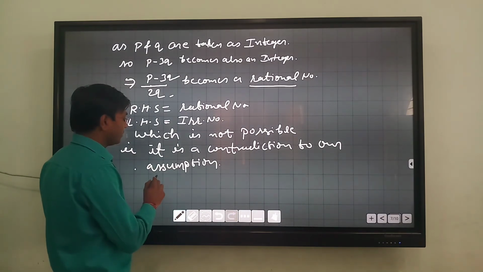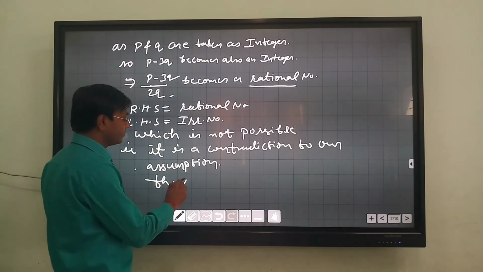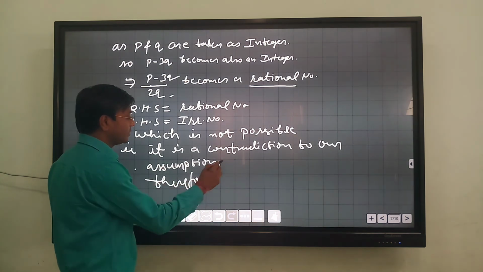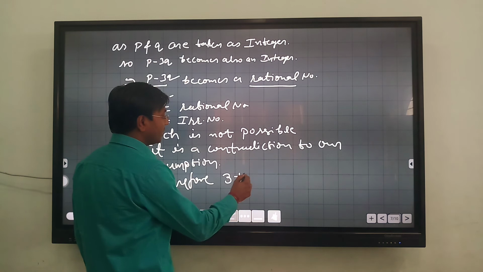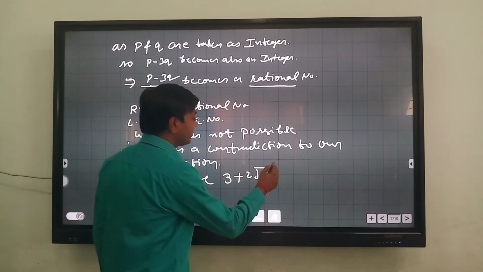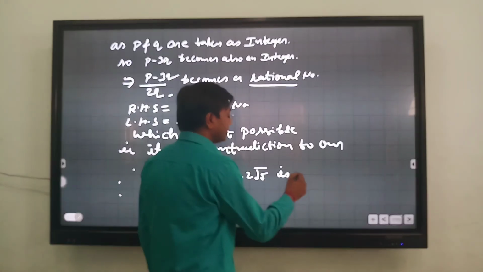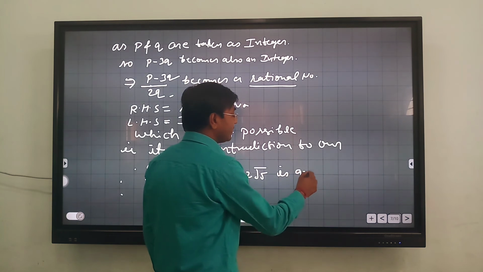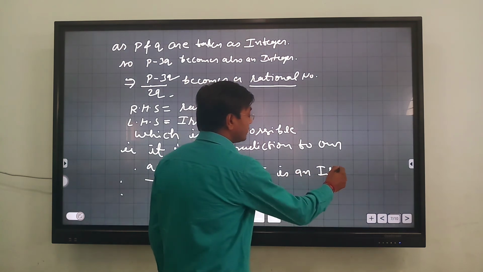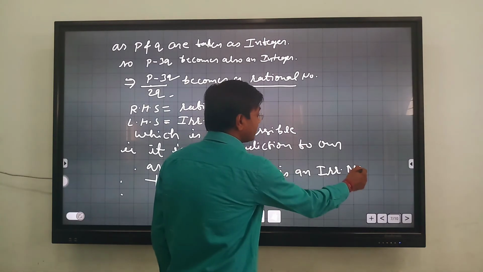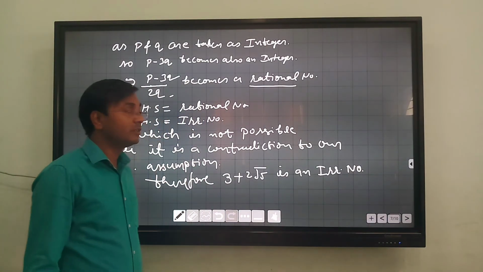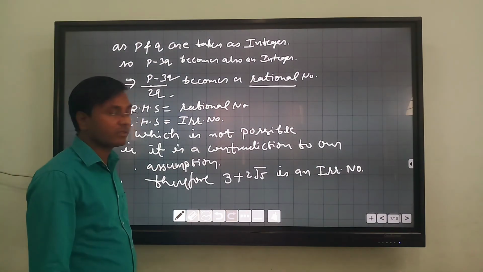So therefore 3 plus 2 root 5 is an irrational number. So this is question number second.